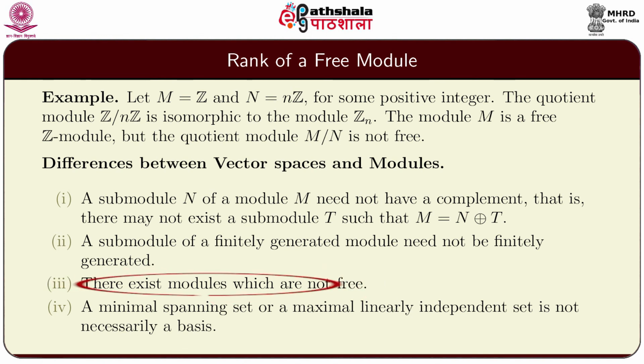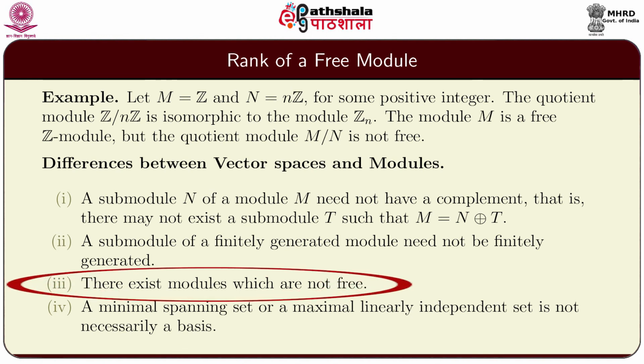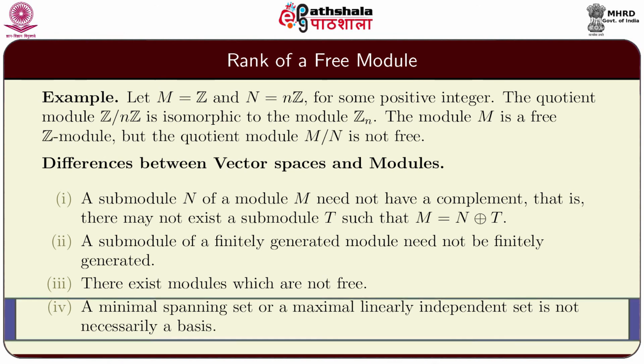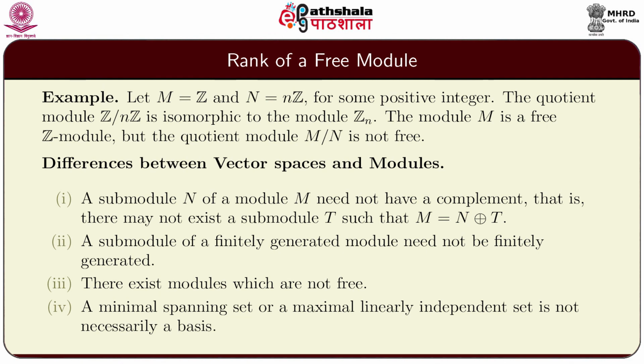There exist modules which are not free. Of course, there are the torsion modules like Z_n which cannot be free. And 4. A minimal spanning set or a maximal linearly independent set is not necessarily a basis. So, these are some major differences between vector space structure and module structure, and that happens because of existence of non-zero, non-invertible elements in a ring.